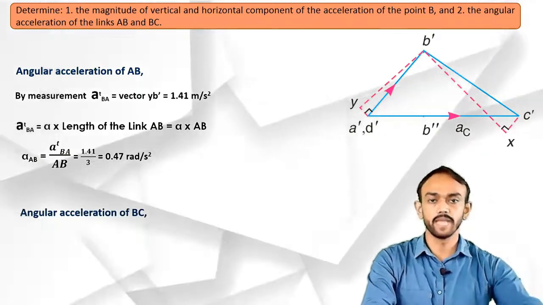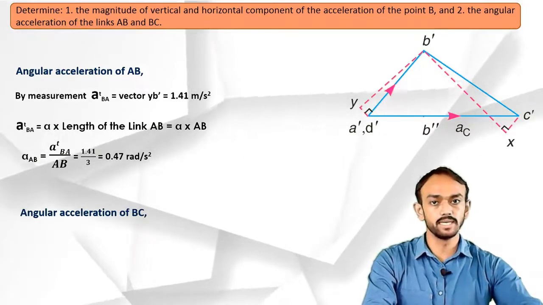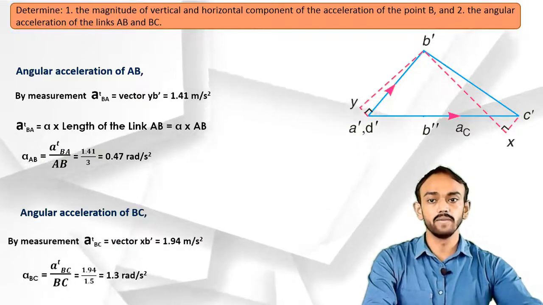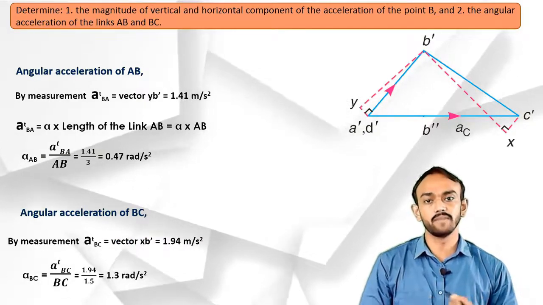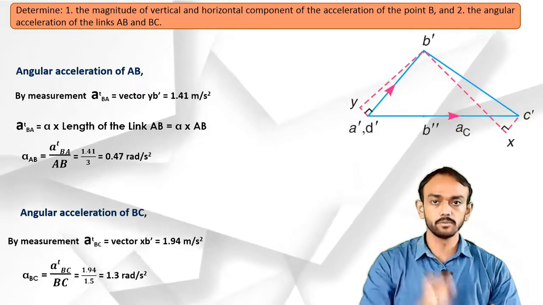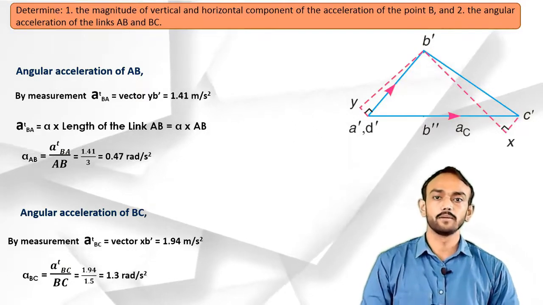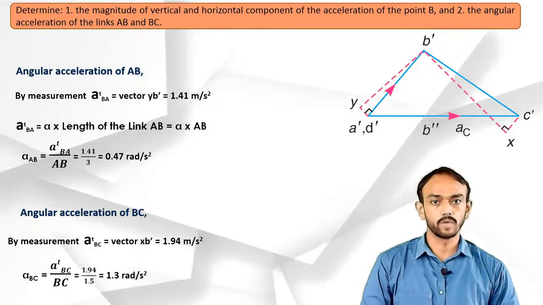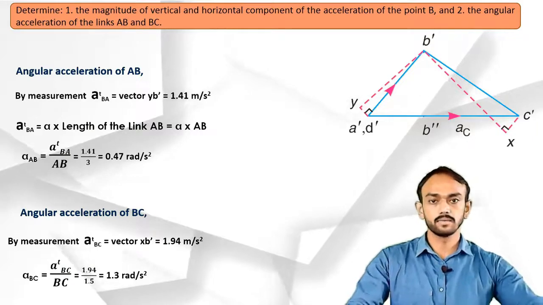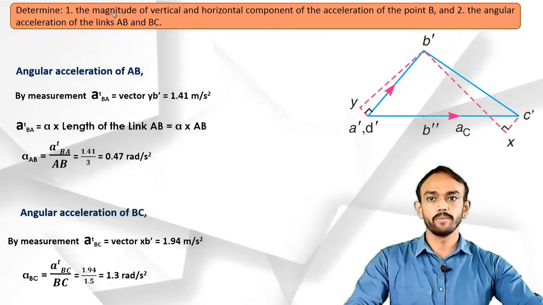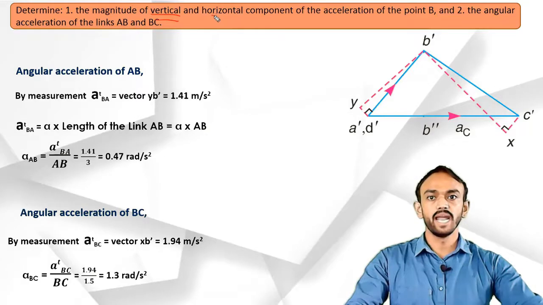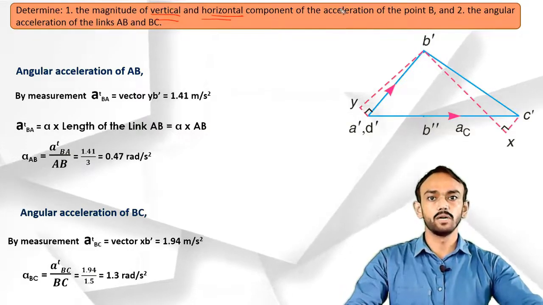Same will be for the angular acceleration of BC, alpha BC. We need to find alpha BC, and for that we will find the tangential component and divide by the length of that link.